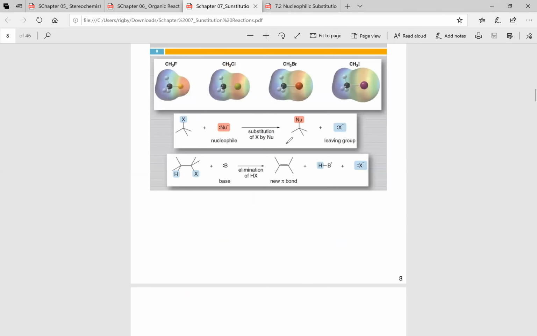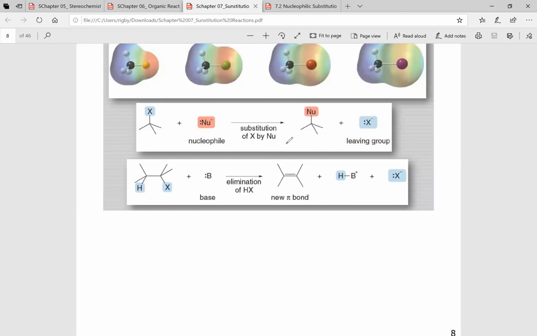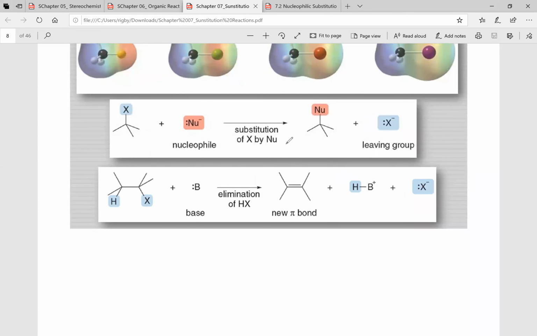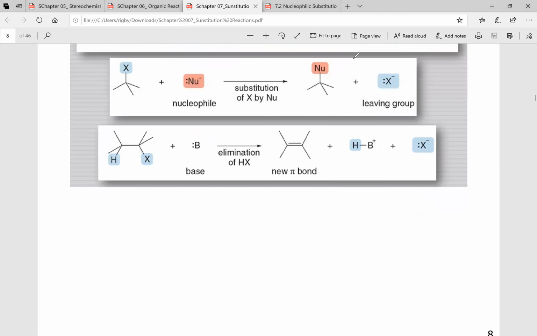What we're most interested in with alkyl halides, at least for this chapter, is how they do nucleophilic substitution. All this means is a nucleophile, which means nucleus loving, attacks this alkyl halide and replaces the halogen with the nucleophile, okay? Notice in this case nucleophiles and bases are different, but generally, if you have a nucleophile, it's going to be a base.